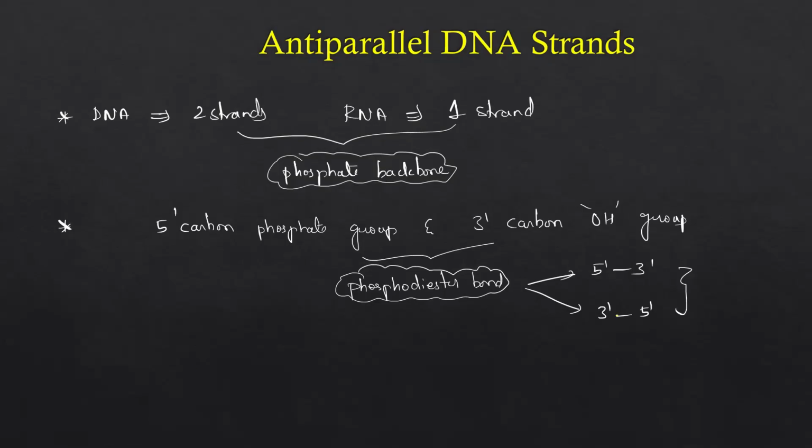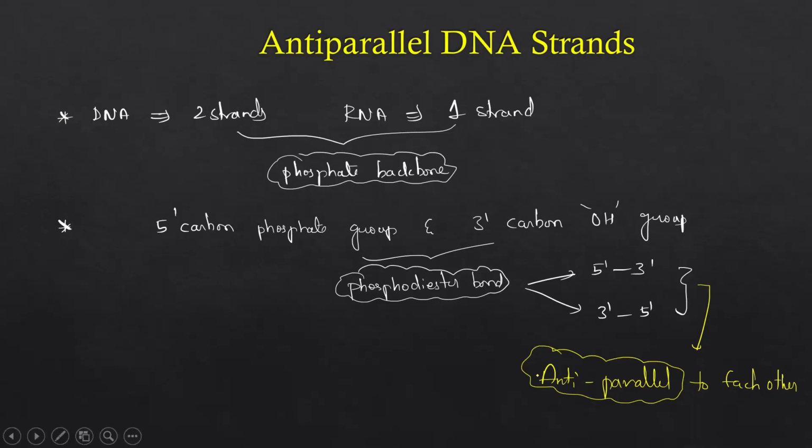So these two are anti-parallel to each other. Understood? One will be 5 to 3, the other one is 3 to 5. Both are anti-parallel. And we say complementary because adenine of one strand will always bind with thymine of the other strand, and guanine of one strand always binds with cytosine of the other strand. So anti-parallel as well as complementary.